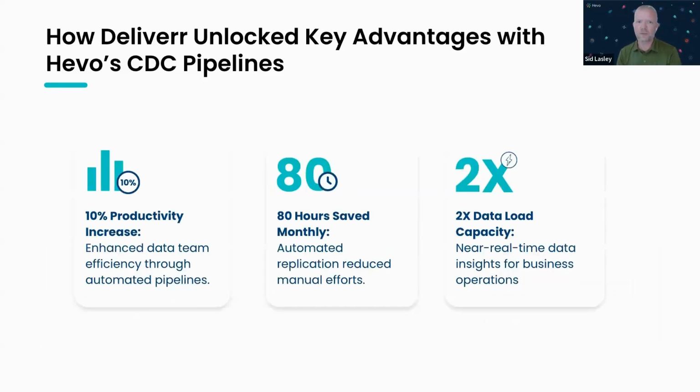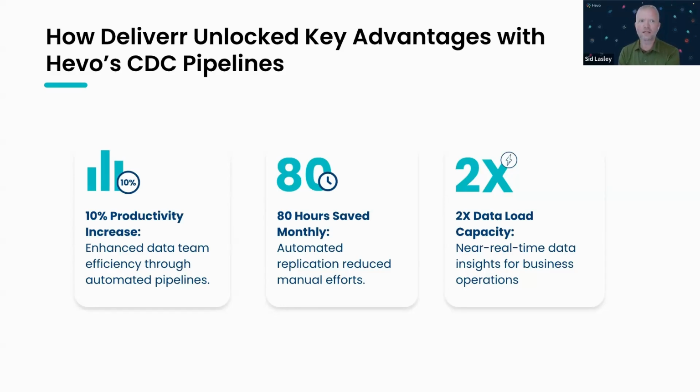Now let's just look at some of the benefits that they received. A 10% productivity increase across their data engineering team. The team was much more efficient. They could focus on higher value tasks. In essence, we saved them 80 hours per month. That's 2 man weeks. Imagine if your team had 80 extra hours to work on projects to accomplish high value tasks.